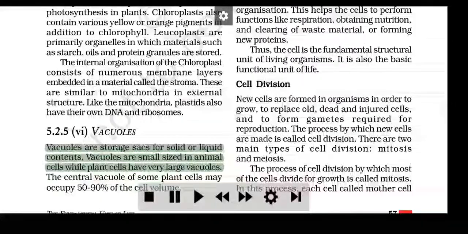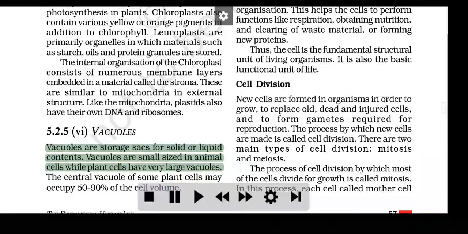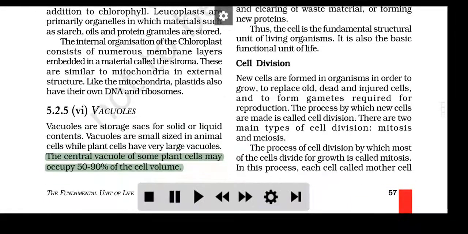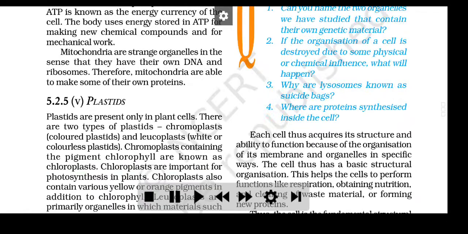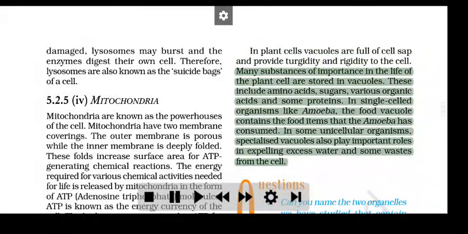5.2.5 V. Vacuoles. Vacuoles are storage sacs for solid contents. Vacuoles are small-sized in animal cells while plant cells have very large vacuoles. The central vacuole of some plant cells may occupy 50–90% of the cell volume. In plants, vacuoles are full of cell sap and provide turgidity and rigidity to the cell.